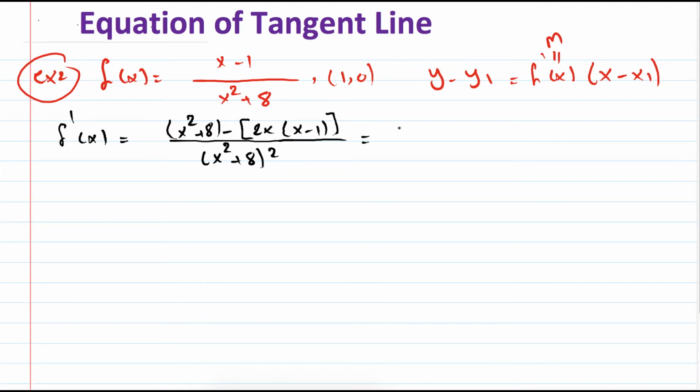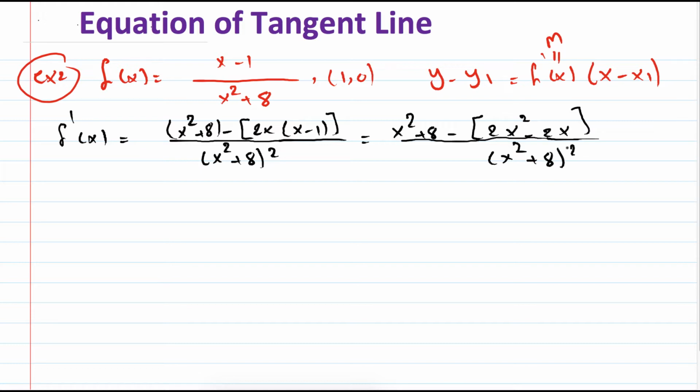So it equals x to the 2 plus 8 minus 2x to the 2 minus 2x over x to the 2 plus 8 to the 2.